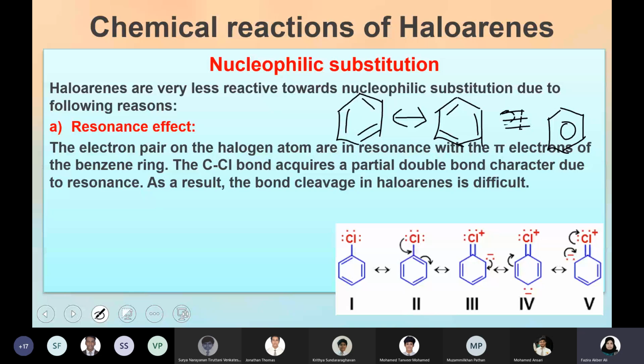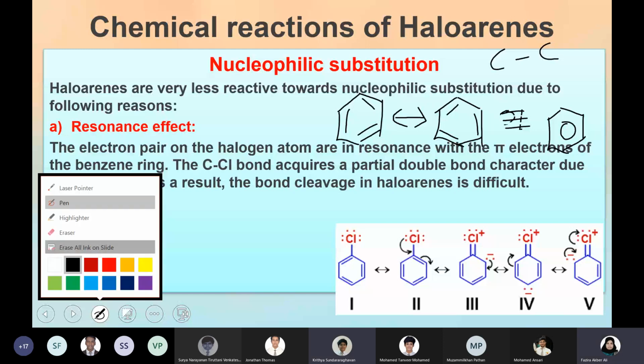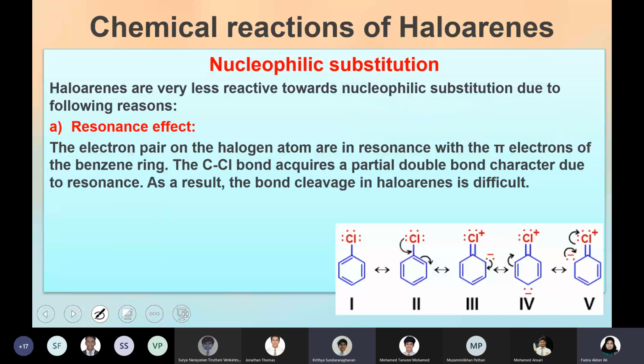That is what we discussed last year: the carbon-carbon bonds in benzene are neither single nor double bonds, because the electron cloud is delocalized and moving throughout. So it has partial double bond character, not a 1.5 bond. Last year we discussed that.